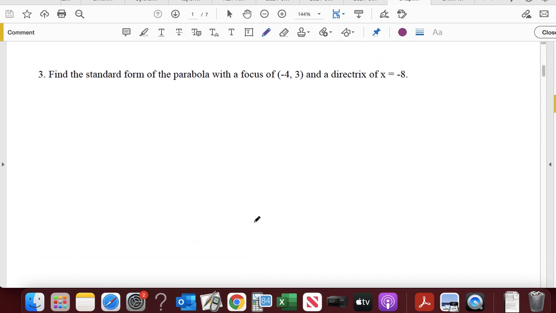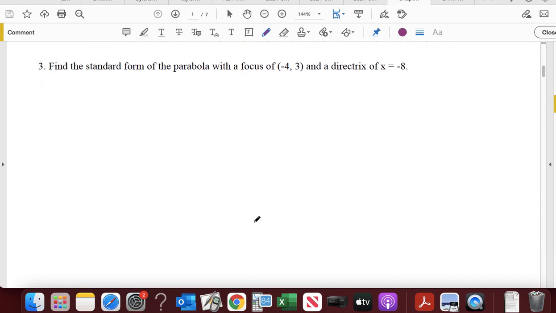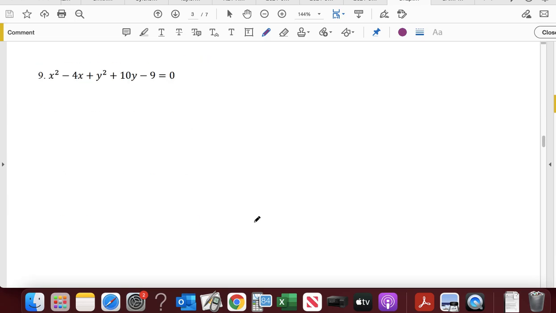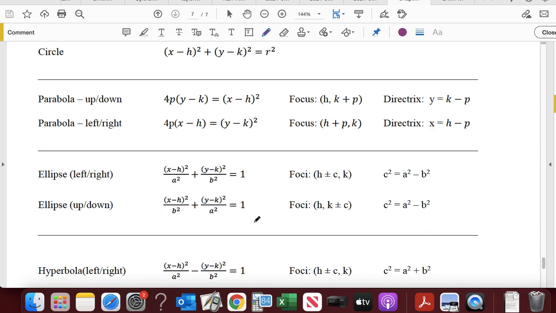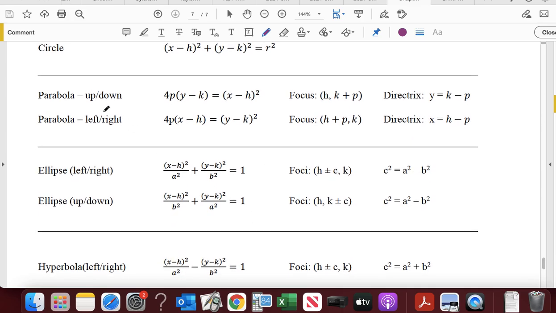Okay, standard form of the parabola with a focus at (−4, 3) and directrix at x equals −8. Okay, so quick reminder, just grabbing these from the end of the review. So our parabola, up-down versus left-right. Notice how in our up-down version of the parabola, the x is the squared term, and we go up and down from the y coordinate to our focus.